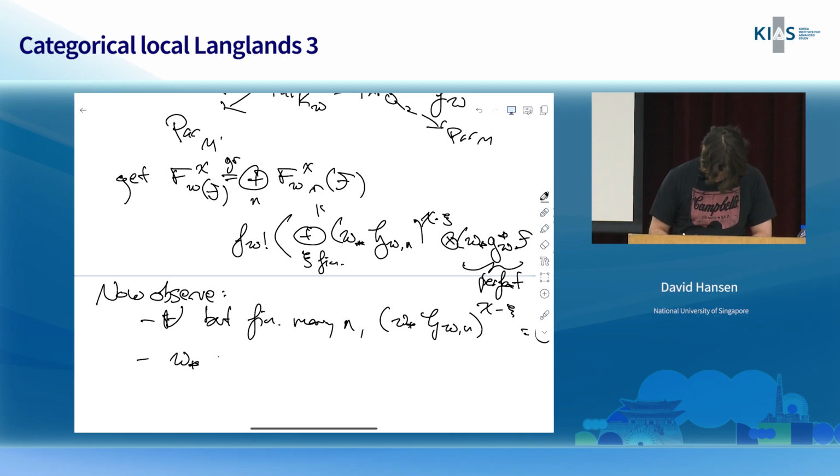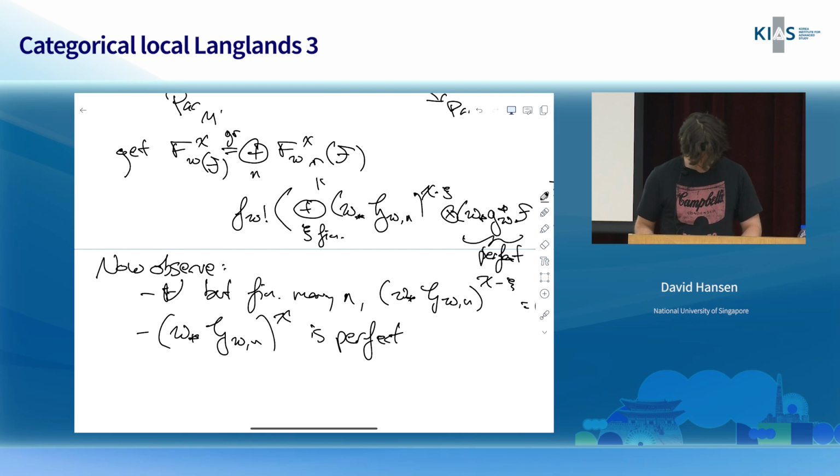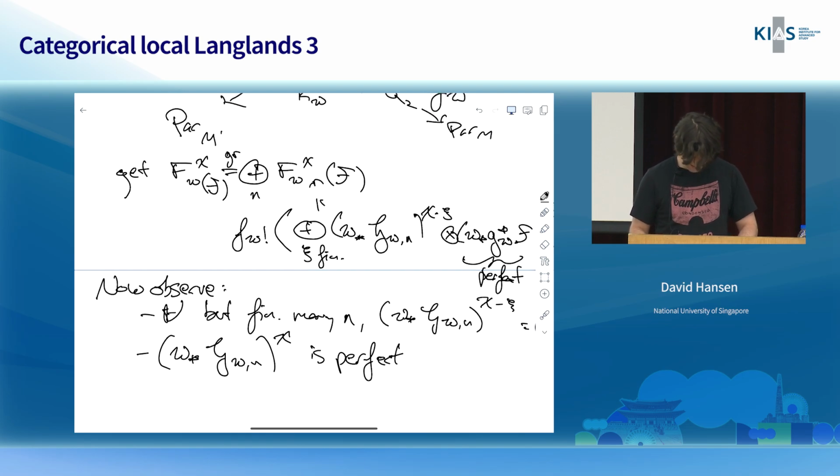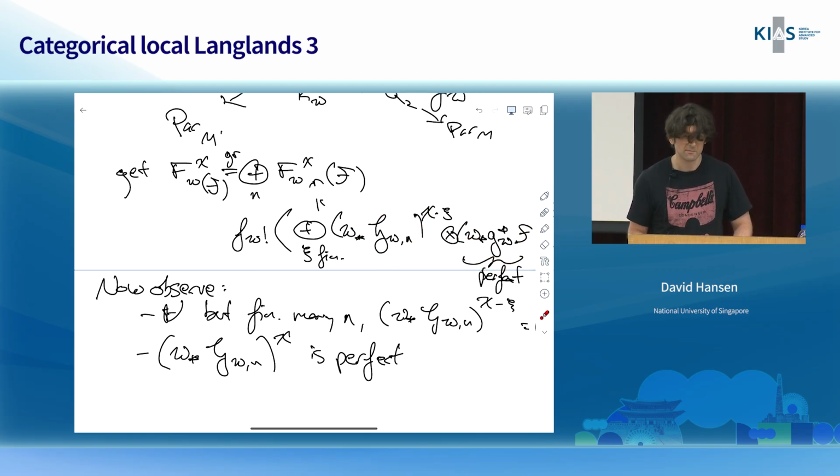Also, Lucas stated yesterday that exactly in this situation where one of the two Q's was the whole M, these are all perfect. This is perfect, as we saw yesterday. And now we're in pretty good shape, right? Because, let me get my ray gun out again. This is perfect. This is perfect. Tensor product is still perfect, right?